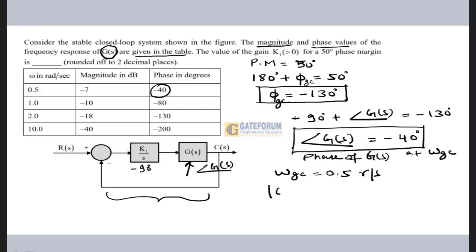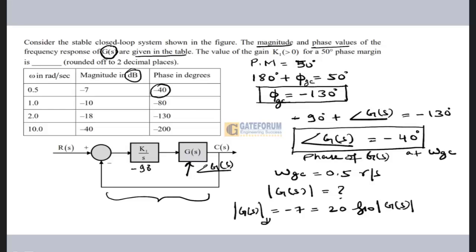And what is the magnitude of this GS? The magnitude of GS is given to you as minus 7, because they have given the magnitude in dB. So first I have to calculate the absolute value of the magnitude. The magnitude in dB is known to me, and that is minus 7. So I can convert it into the absolute value using 20 log base 10 of the absolute value of GS. This is the GS value in dB, right?